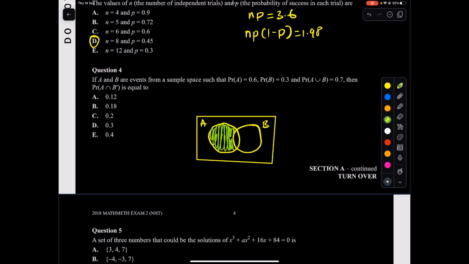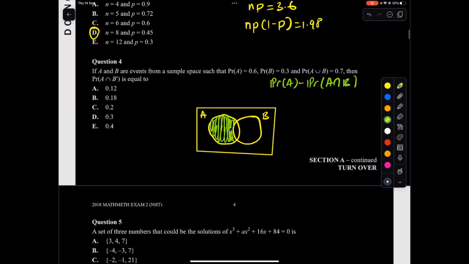All right, to find out, what do we know? It's just the probability of A minus the intersection. Probability of A union B, A intersection B, that's what we want to find. Well, what's A intersection B? We can use the addition rule because we have all these values.